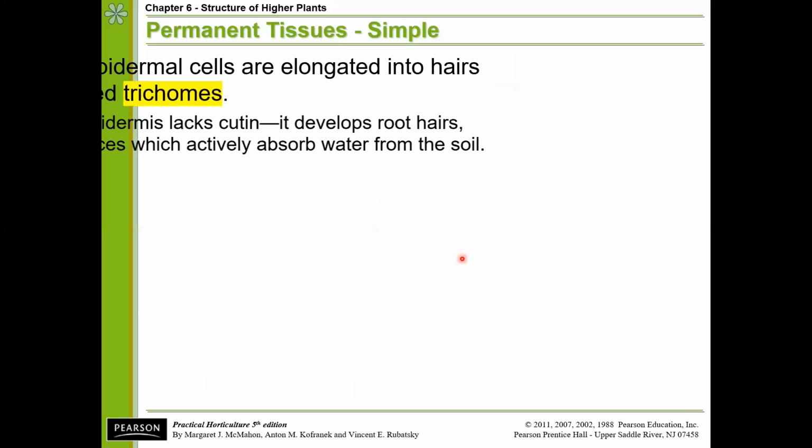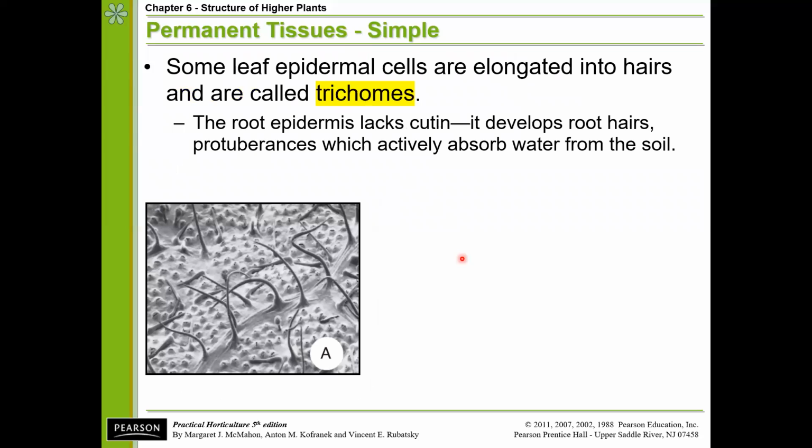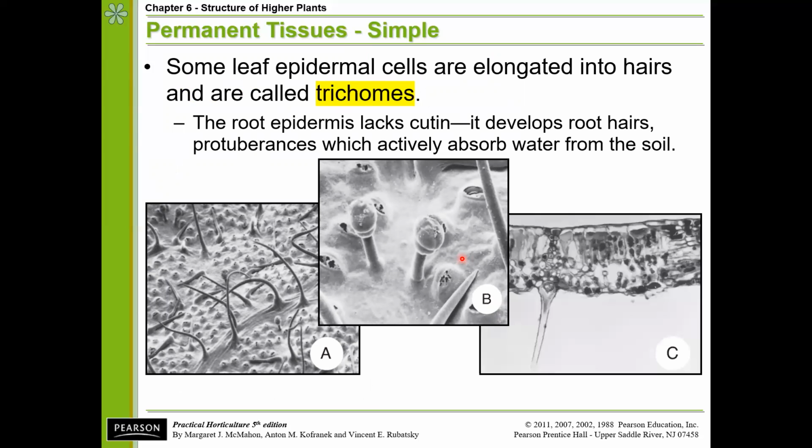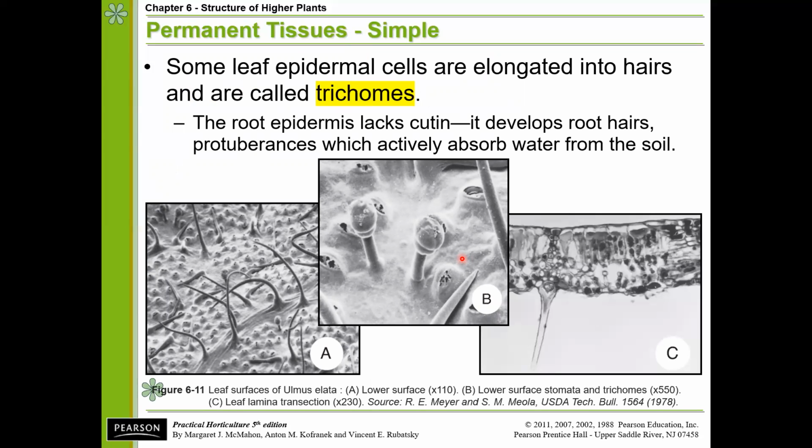We also have some unique structures that occur on the epidermal cells, specialized in different plants. These are not in all plants, but in many plants they have different functions, depending on what the plant has adapted to in its native climate. So here's a look at some different parts of the leaf surface.